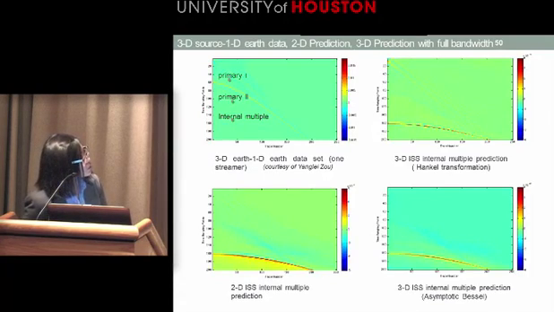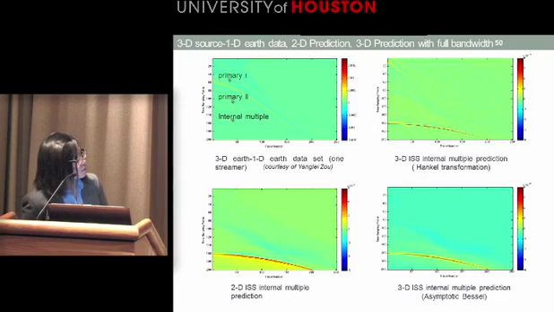Okay, here is the result. The top left one is my 3D source, 1D Earth data set on one streamer, and the figure on the right side is the 3D SS internal multiple prediction, which is transformed back to the spatial domain by the Hankel transform.